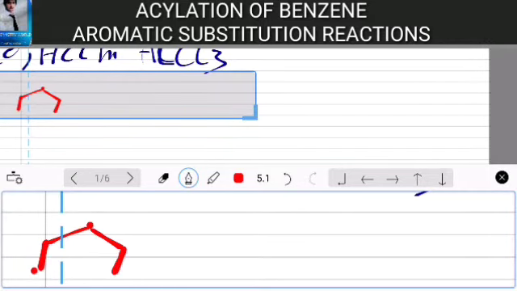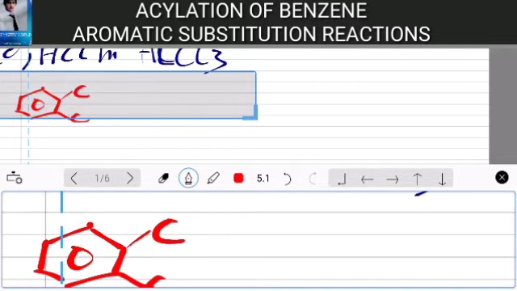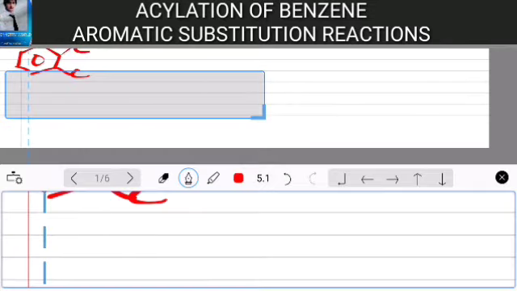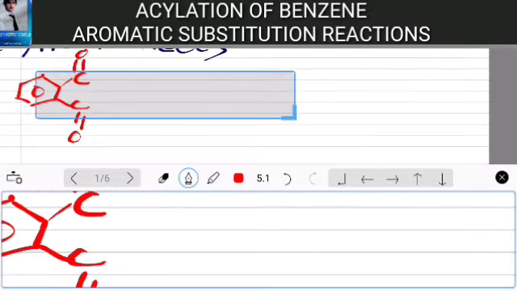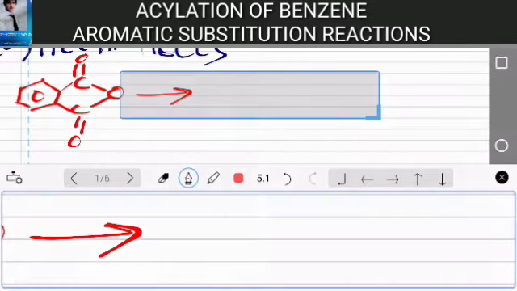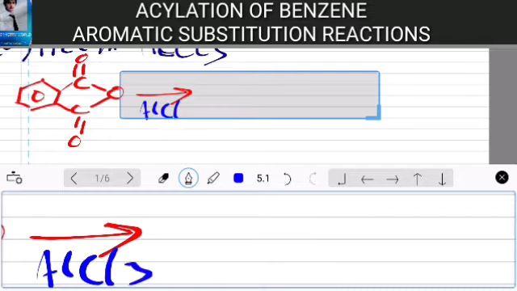If we have a ring like that, the upper one has C double bond O, here also C double bond O, this O we can react with AlCl3. Here we have our aromatic ring C6H6.